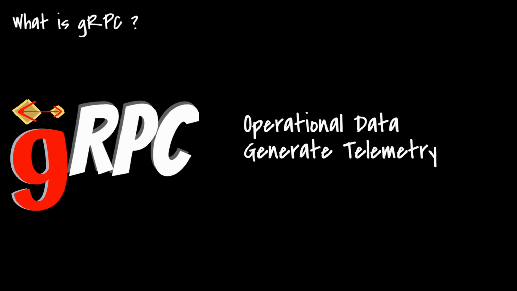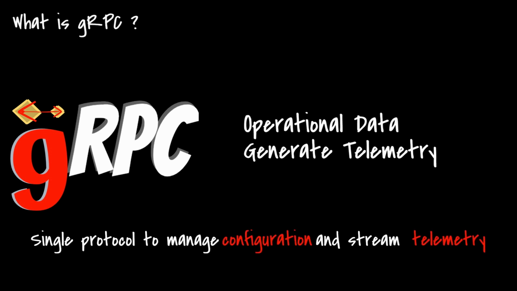It is particularly well suited for modern network management and automation environments where gRPC is already being used. It is used to view operational data, control, and generate telemetry streams from a target device to a data collection system. It is used as a single protocol to manage configuration and stream telemetry data from network devices.